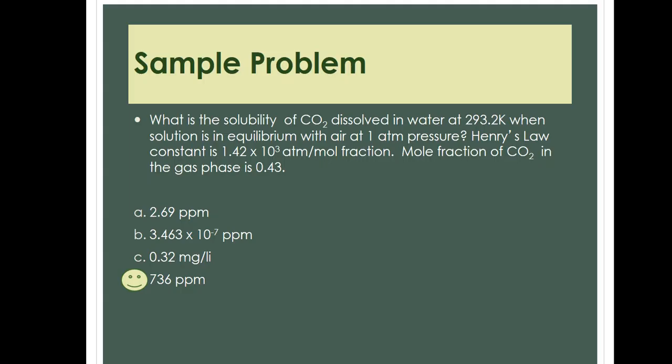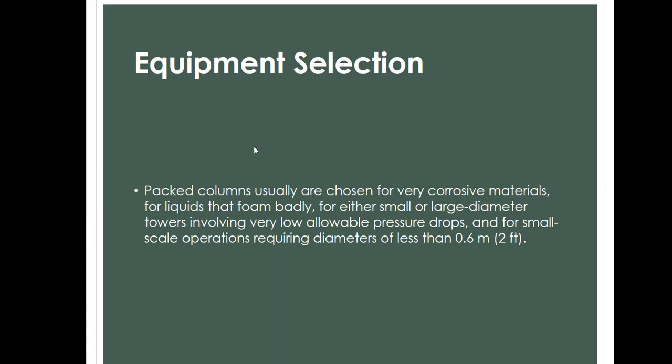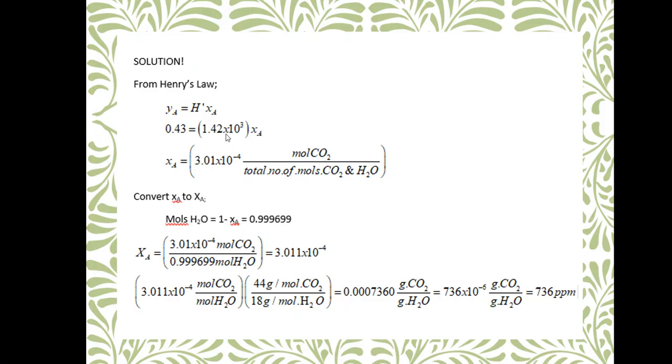So if you look back to the problem, it says that your Henry's law constant is 1.42 times 10 raised to 3 atm per mole fraction. Now if we go back here, it's 1.42 times 10 raised to 3 as well. So notice that the equation did not have any change on the Henry's law constant.